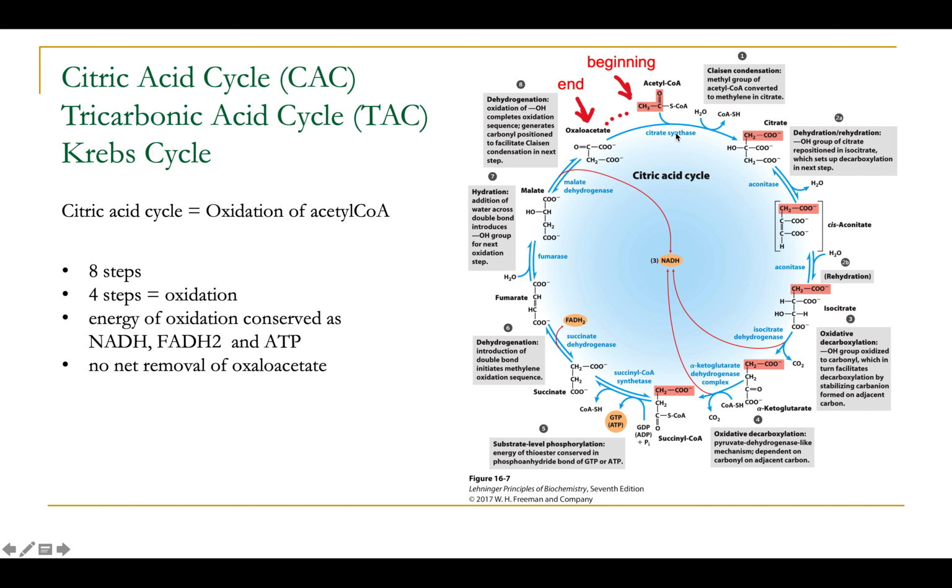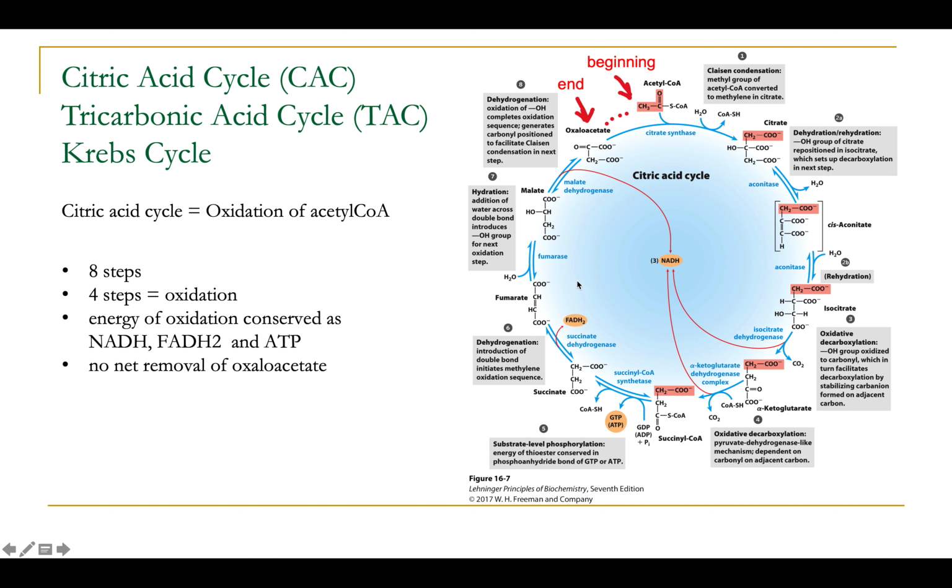During the 8 steps of each cycle, 2 carbons within the initial citrate intermediates are progressively chopped off in the form of CO2 in a series of oxidation steps.